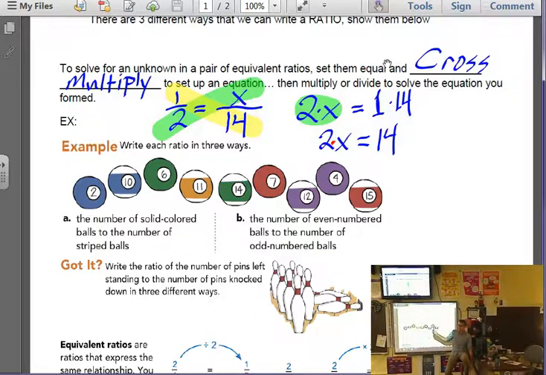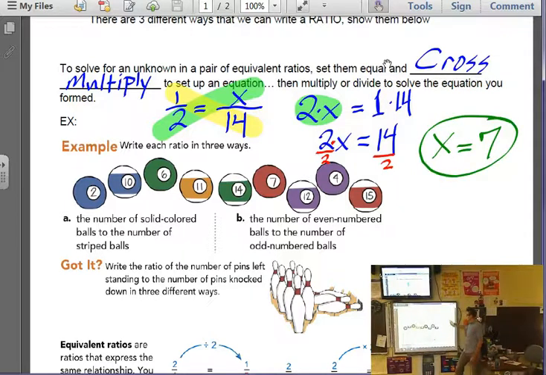So what connects x to its number right now? Sam? Multiplication. What's the inverse operation to multiplication? Division. So I'm going to divide by 2 to get rid of the 2, and I have to do it on both sides. That then leads me to x being equal to 7. And if I plugged it back in, I could check and it would be true.